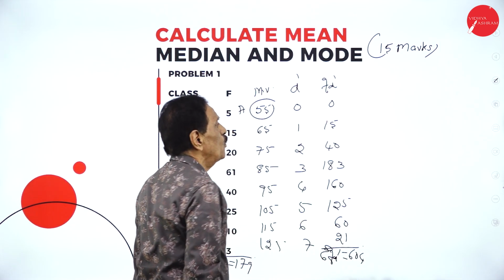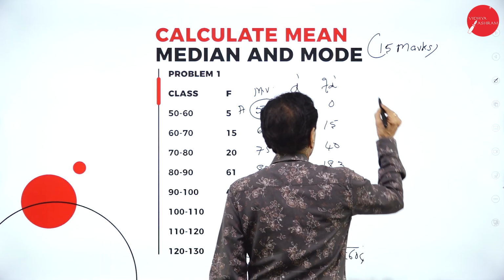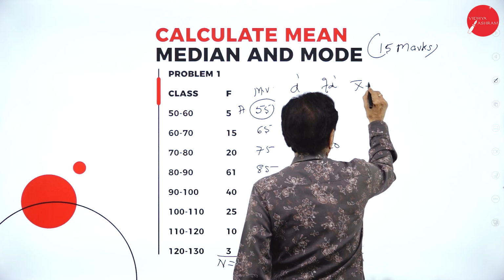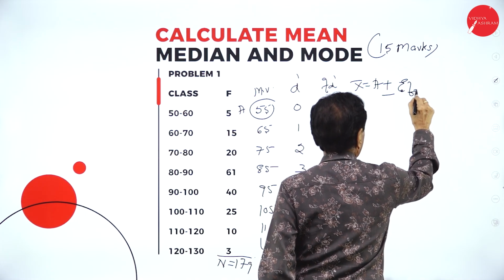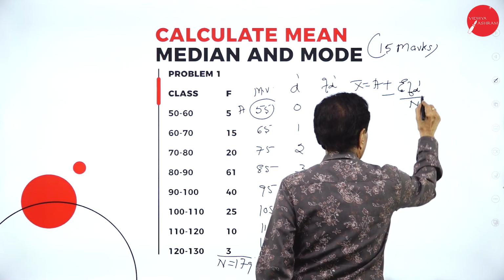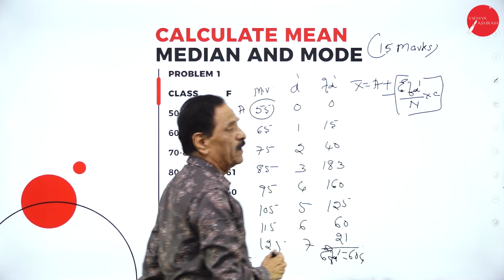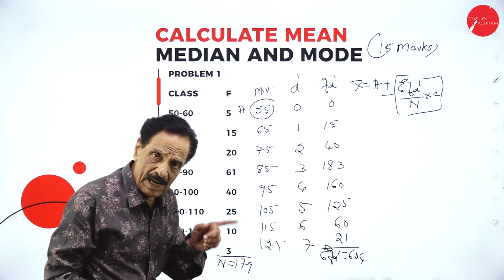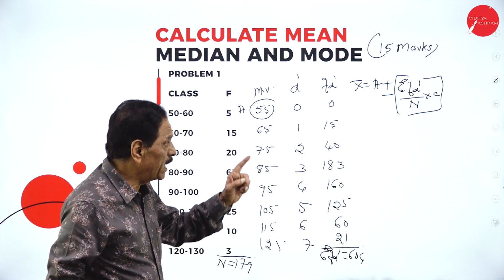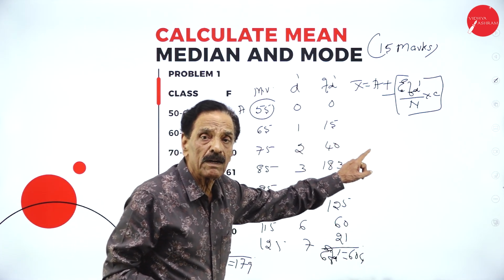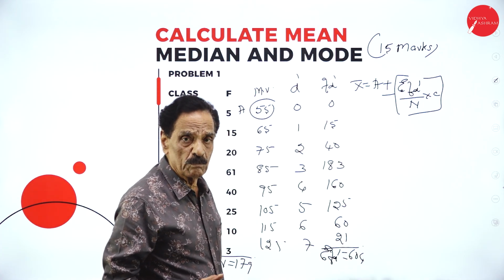Now, you have to calculate the mean, median and mode. We'll go with the mean. Mean is equal to A plus or minus sigma f d dash divided by n into C. N means total number of frequency, where C is equal to class interval, where A is assumed.